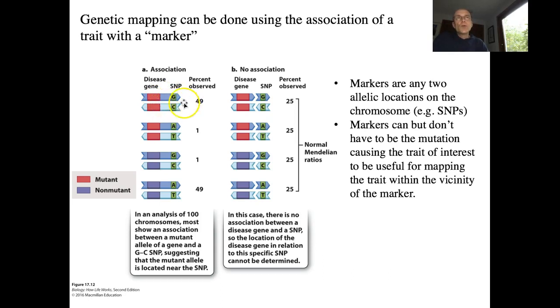But if you know the identity of this particular SNP, whether it's a GC or an AT, and you know whether the person has the disease, which is relatively easy to know, right?